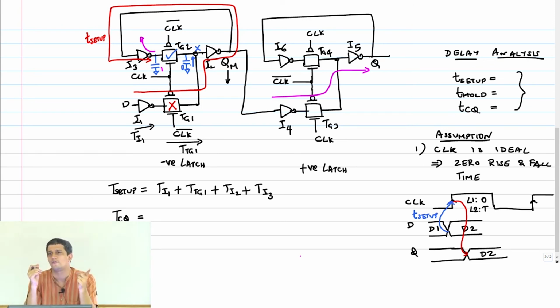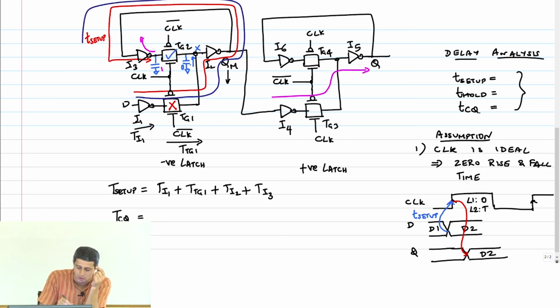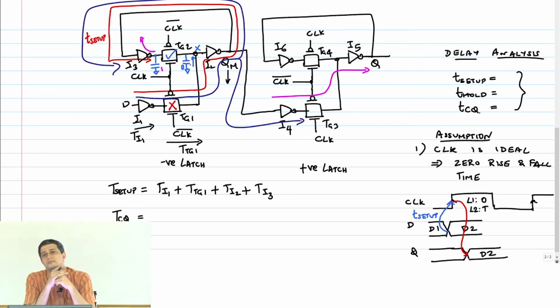You don't need I4 because my signal has already propagated through I2. Remember, right? You see how the signal is coming. It's basically coming in like when it traces this path and comes here. By the time the signal goes all around like this, the signal would have also gone here. Therefore, I4 is not needed.